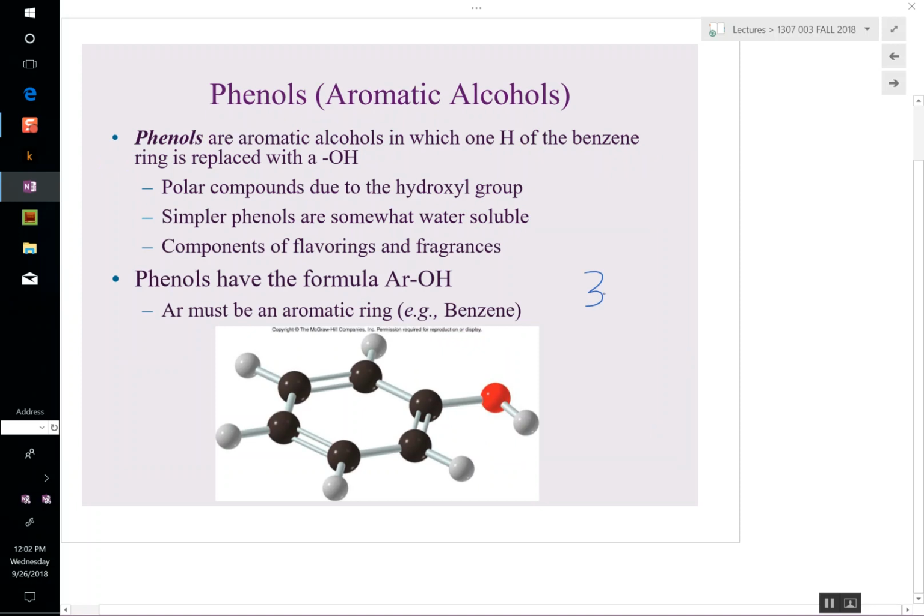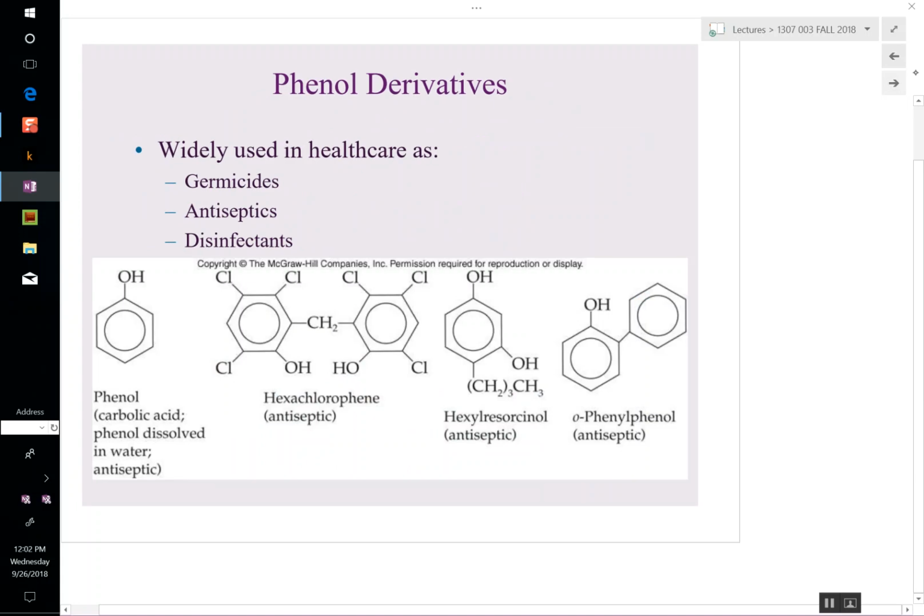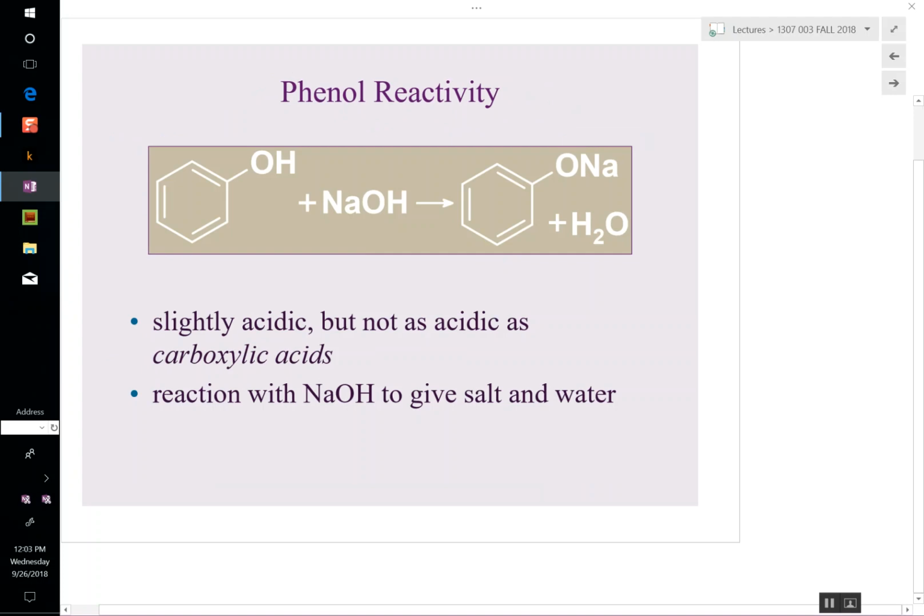You should have aromatic alcohol. You should have a 3x5 card for phenol. It's an aromatic alcohol. Phenol, hexachlorophene, phenol derivatives. Don't worry about this one.